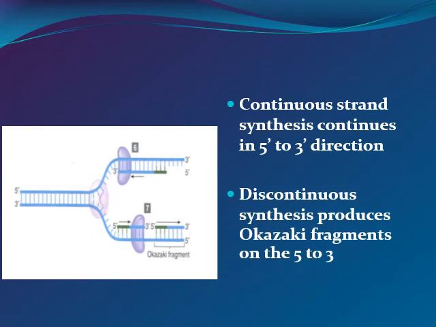The replication of the other strand is discontinuous, or called the lagging strand, by forming small pieces of DNA. These pieces, up to 150 nucleotides, are called Okazaki fragments, on the 5-to-3 template.